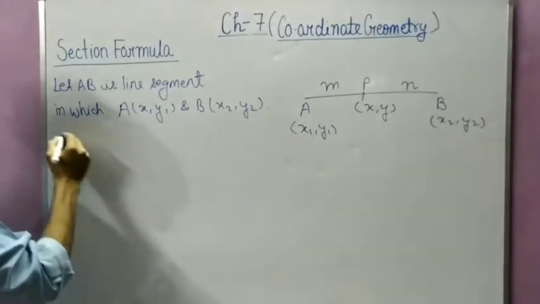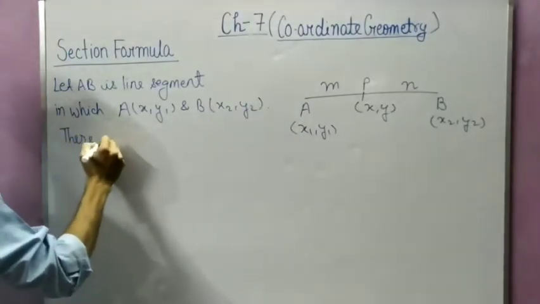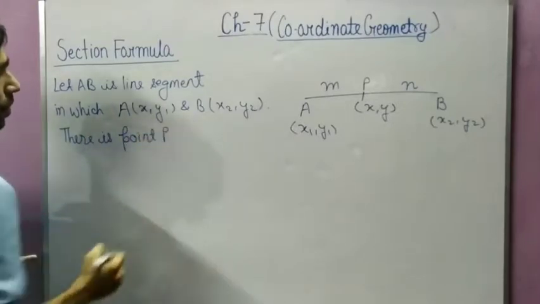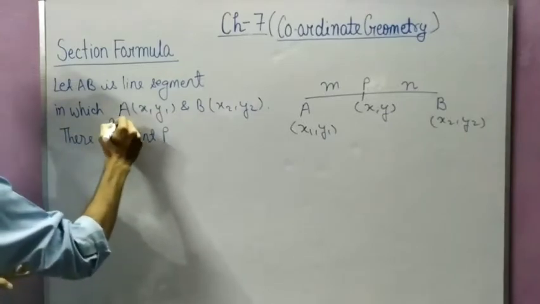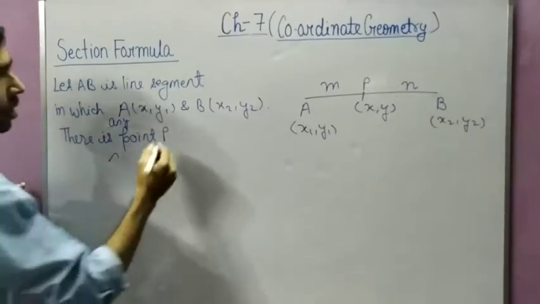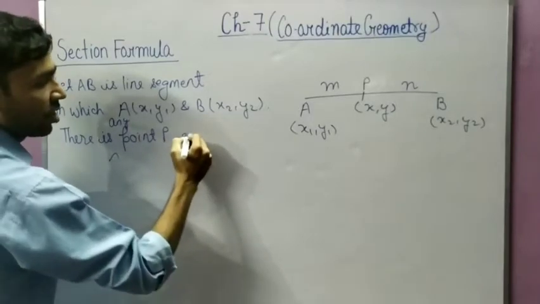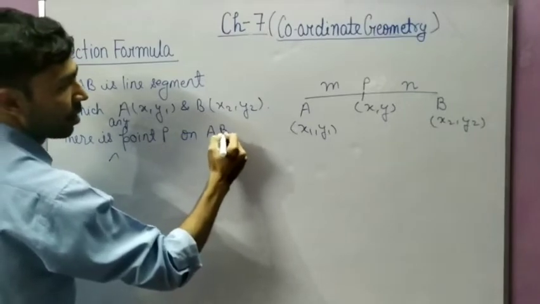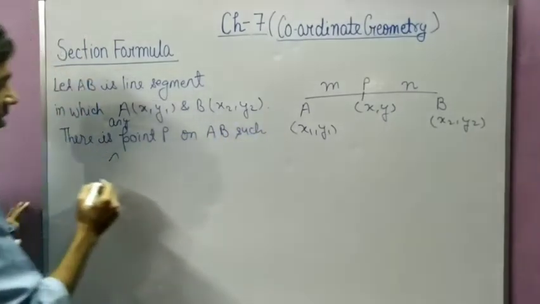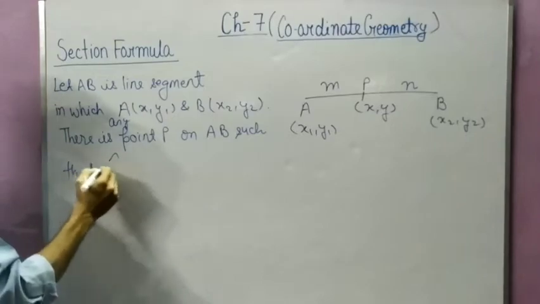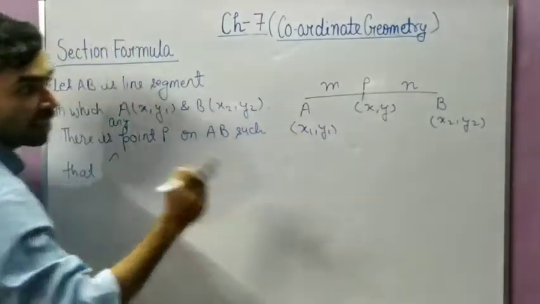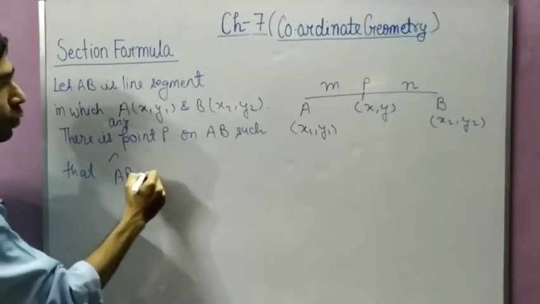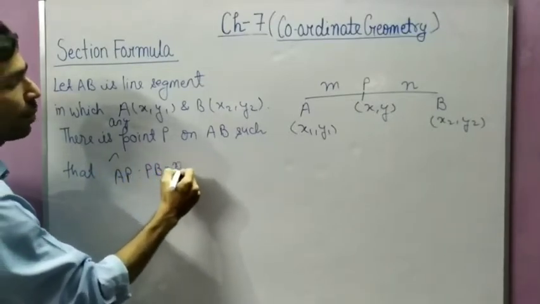After that, what will we write? There is any point P on AB such that point P divides AB in a certain ratio, such that AP ratio PB is equal to m ratio n.